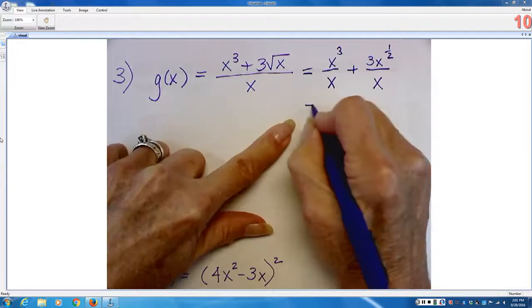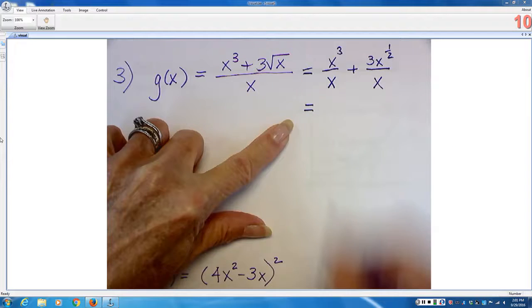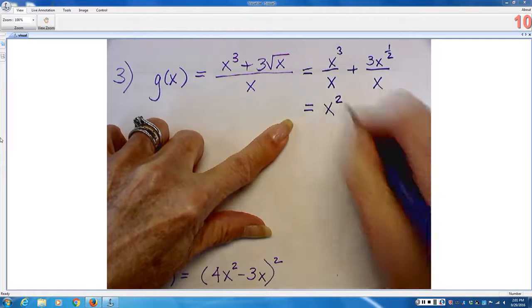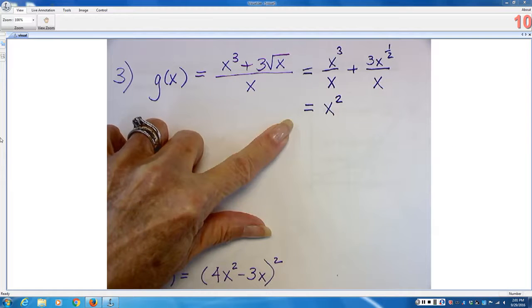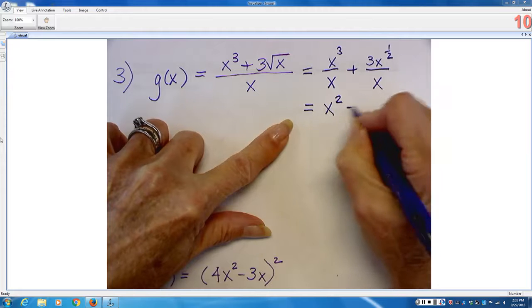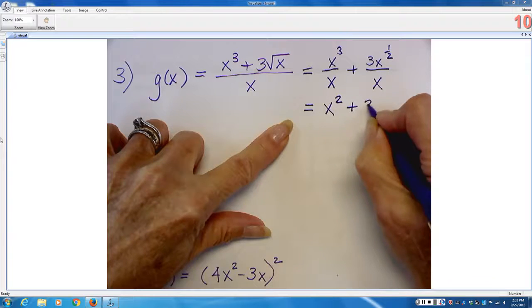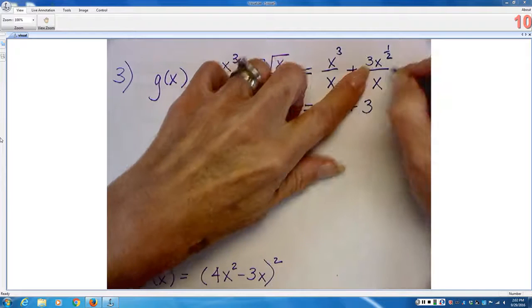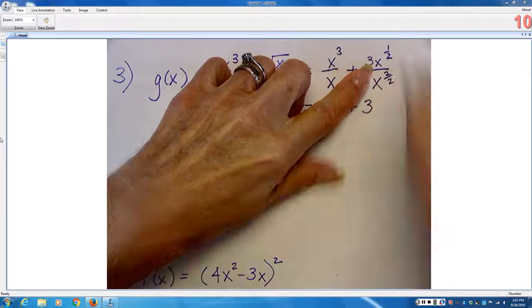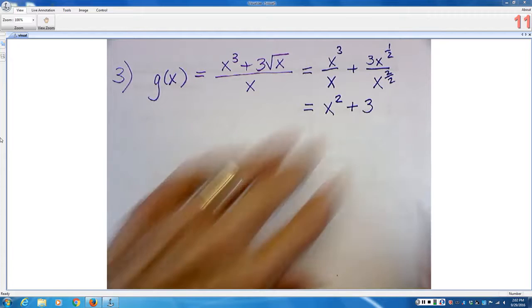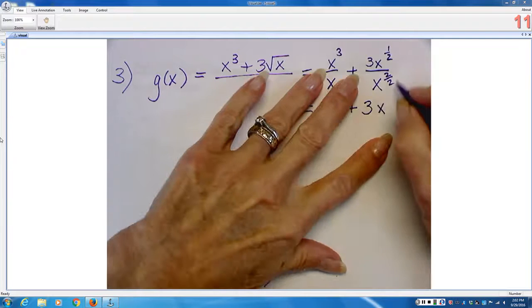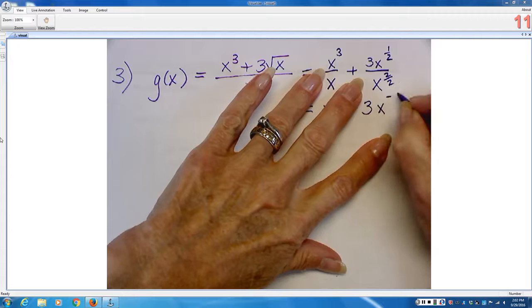And then hopefully you know that x cubed over x reduces to x squared. And 3, we've got x to the 2/2 in the bottom and 1/2 in the top. So we're going to have x to the 1/2 minus 2/2 is x to the negative 1/2.